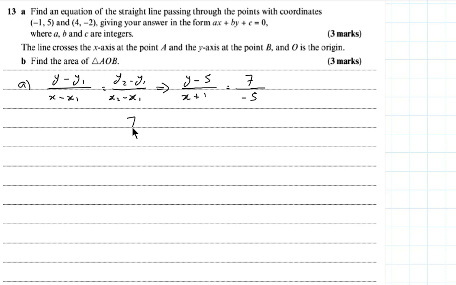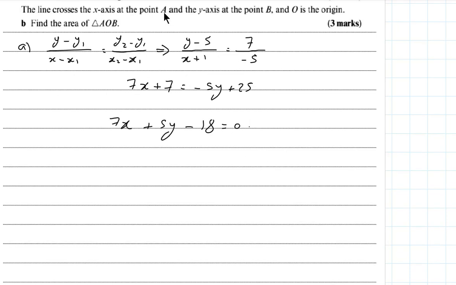And then making cross multiplication we have 7x plus 7 is equal to -5y plus 25. Arrange the equation according to the required form, to be 7x plus 5y plus 7 minus 25, to be minus 18, is equal to 0.